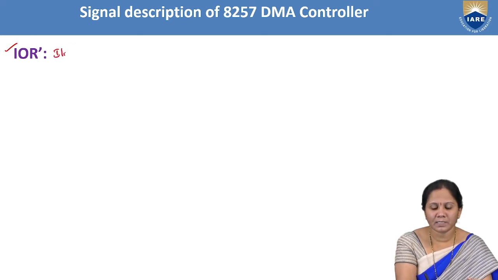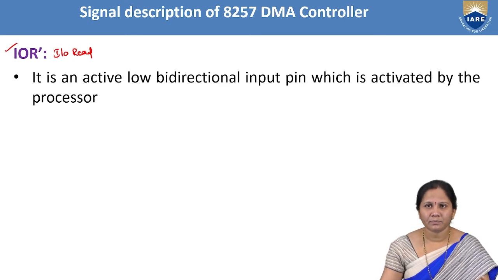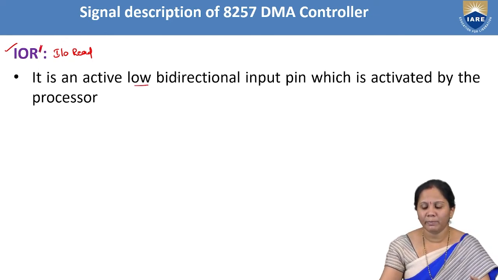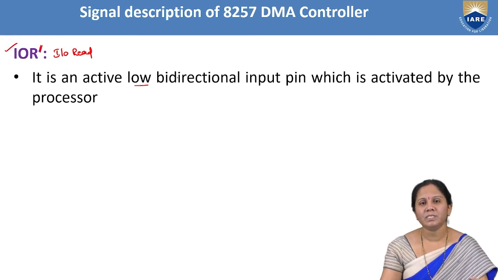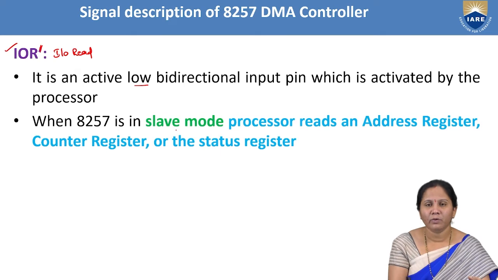It represents the IO read operation, that is, reading from the IO devices. Here it is represented with a bar, so it is called an active low bidirectional signal, which is activated by the processor. For this signal, when this 8257 is operating in the slave mode, the processor reads an address register, counter register or status register.